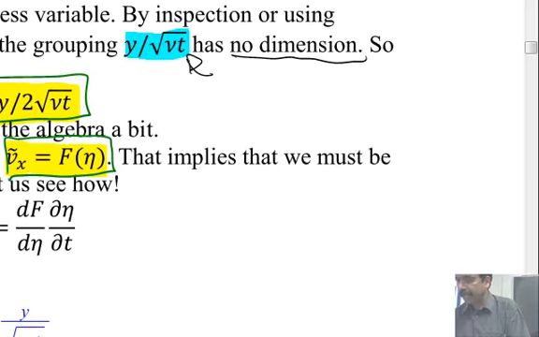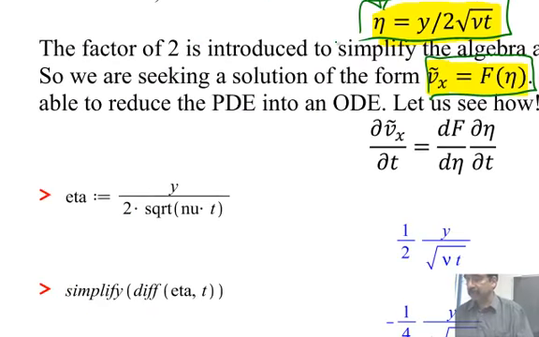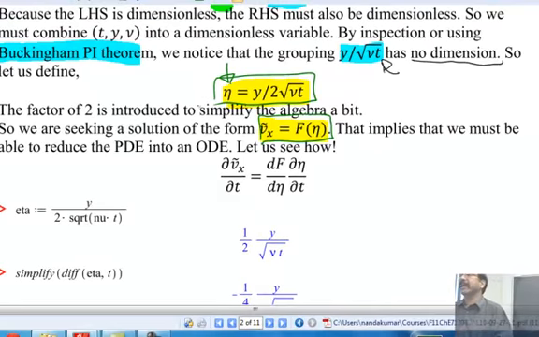Does the Buckingham pi theorem tell you how to do that? Yes. Have you seen that or no? Yes, that's what it does. It is basically a recipe for combining a number of variables into dimensionless groups. And the way you would typically do it is you would say, let the dimensionless group be y to the power alpha, nu to the power beta, and t to the power gamma.